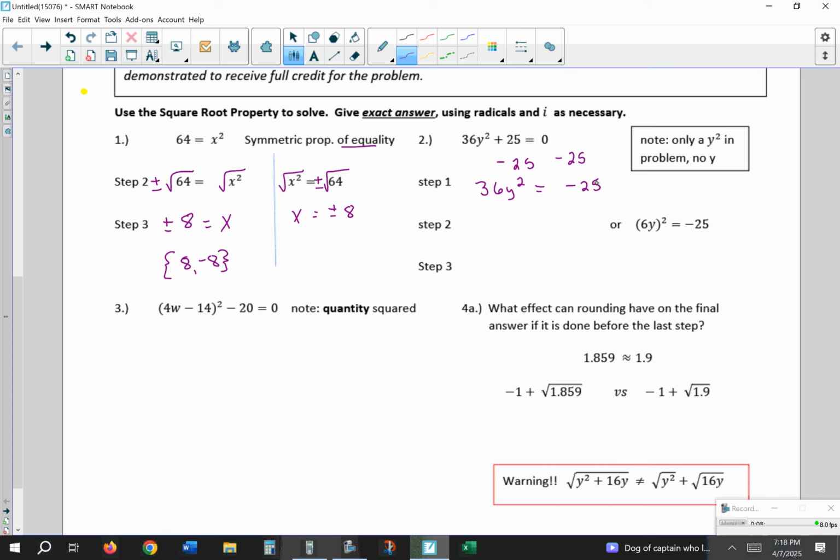Now, 36 is a square, but the left side is not written as a quantity squared.